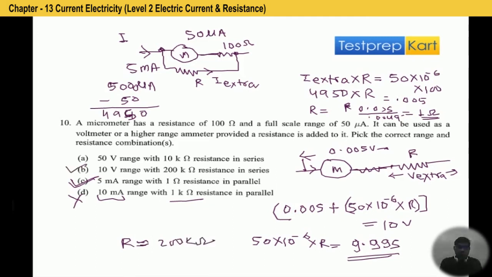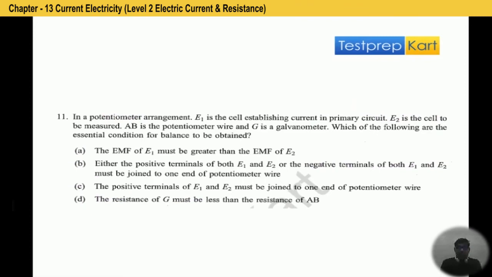So option B is also right. We apply the same procedure for the 50 volt case, so it would not be right. So the simple procedure is to calculate the extra resistance connected in parallel for an ammeter and the extra resistance connected in series to convert it into a voltmeter.